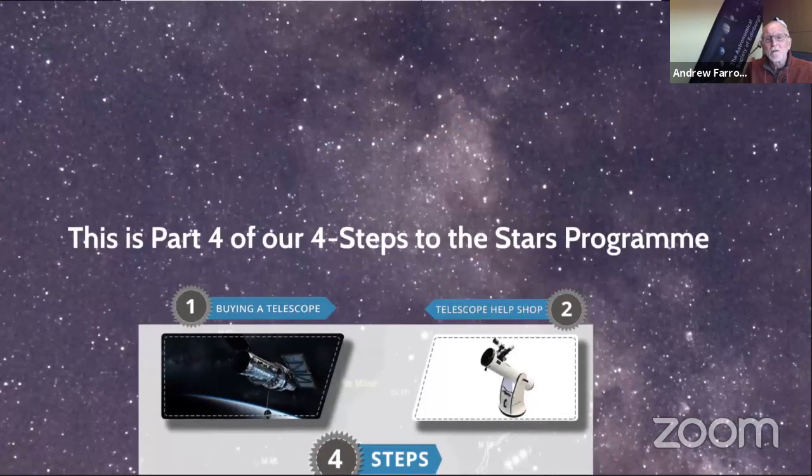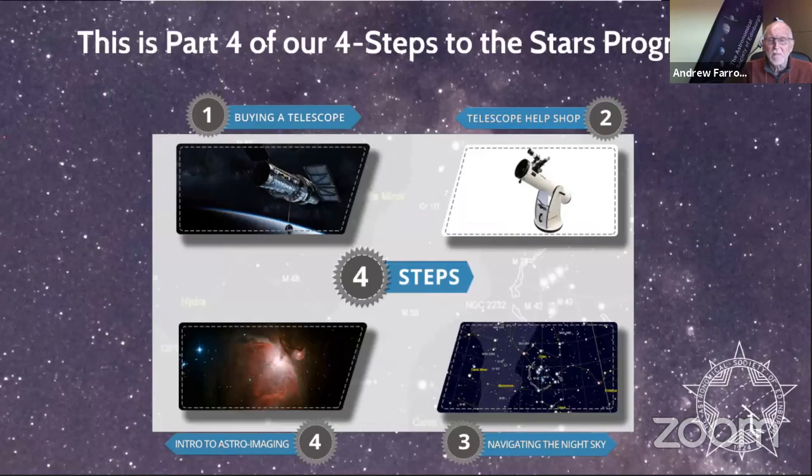We've now run 2 telescope help shops, which have both been oversubscribed, where people have brought their telescopes that have been lying in cupboards somewhere or recent acquisitions, and we help people set those up and understand how to get the best out of them.